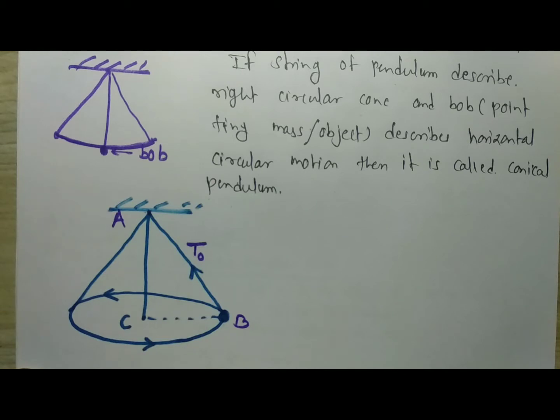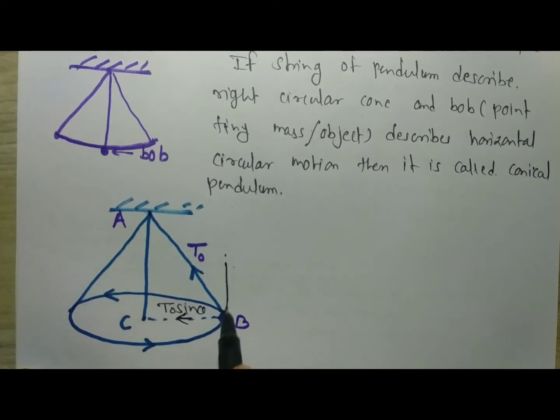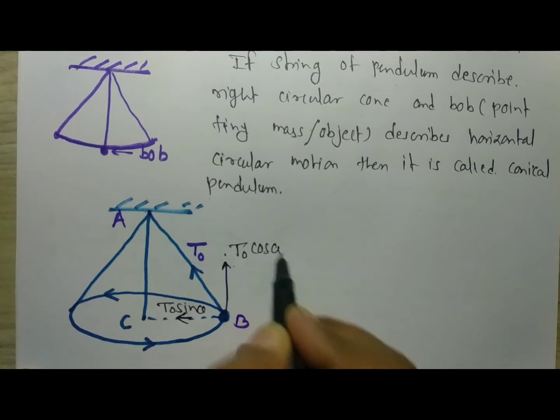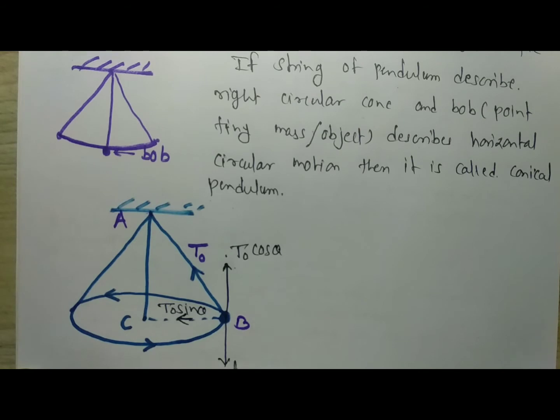The first component is along the radius of the circle and toward the center, and it is T0 sin theta. The other component, which is vertically upward, is T0 cos theta, which balances the weight mg of the bob.